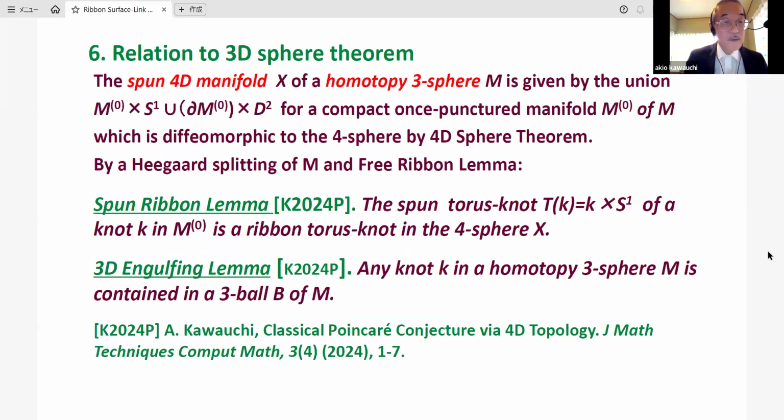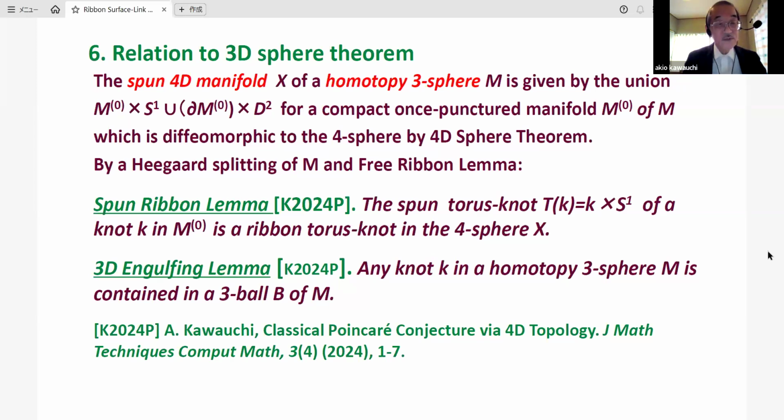Next, the spin for the manifold X over a homotopy 3-sphere M is given by the union of M0 × S1 and boundary M0 × D2 for a compact once-punctured manifold M0 of M, which is diffeomorphic to the 4-sphere by the 4D sphere theorem.